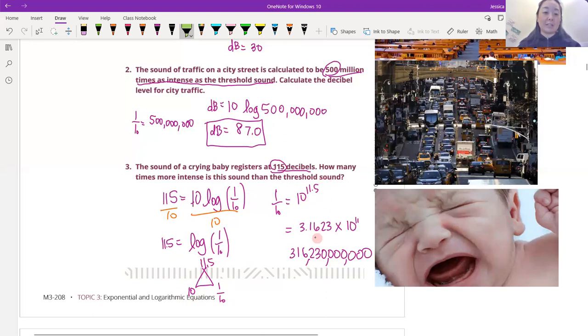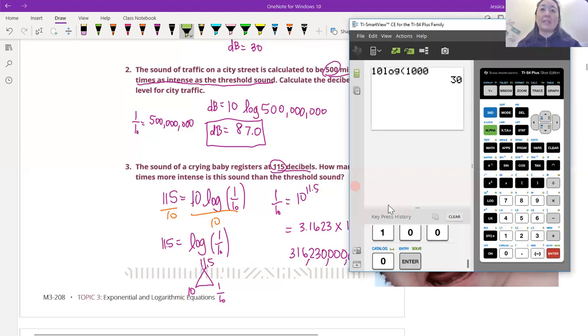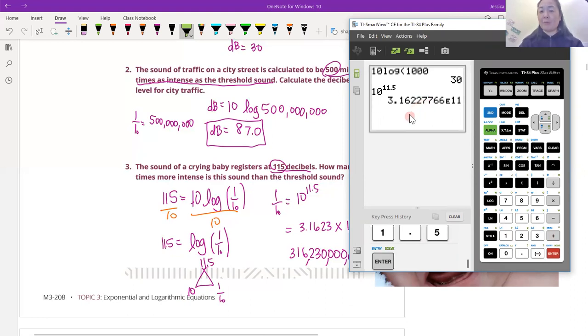And on your calculator, it's going to look like this. So we got 10 to the 11.5, and what do we get? This huge number, right? Maybe it doesn't look that huge because it's just 3.16, but remember, this is E. Think of E like exponent. I don't know if that's exactly what it stands for, but I just think of it like exponent.